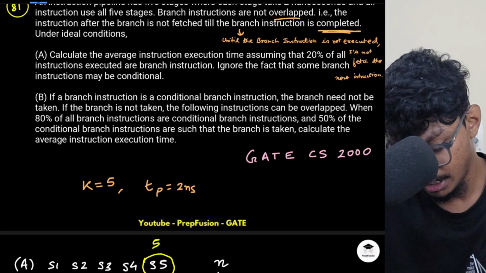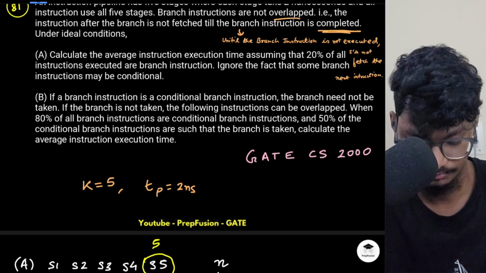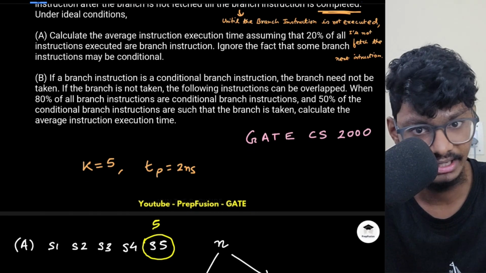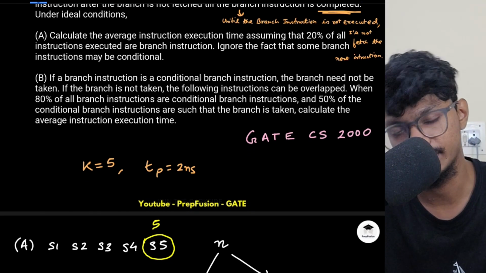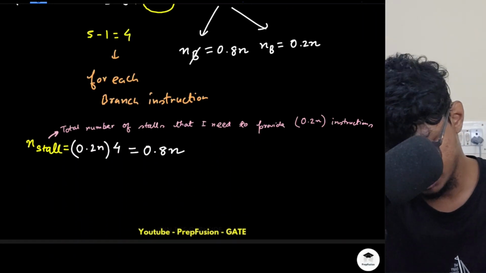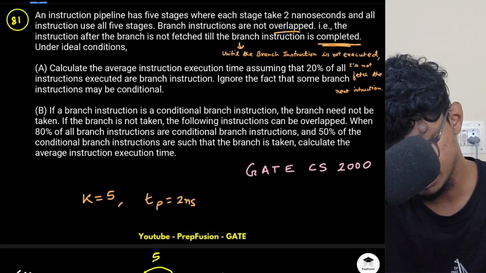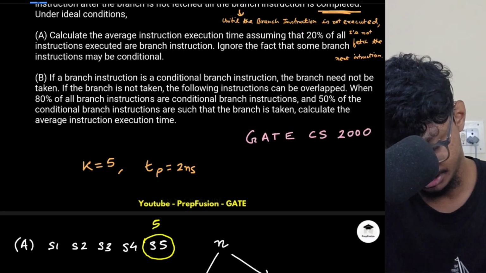And what are they asking me? The average execution time, that is not CPI, actually average execution time of a single instruction. They should have mentioned that.